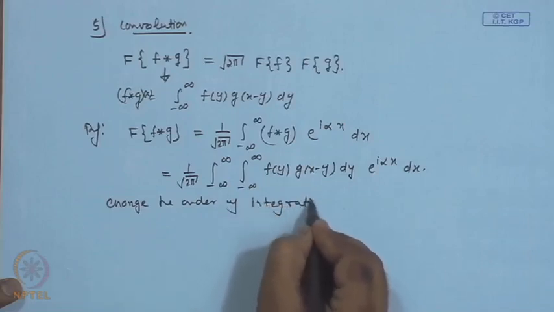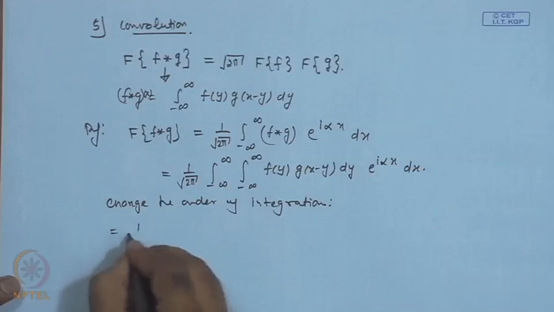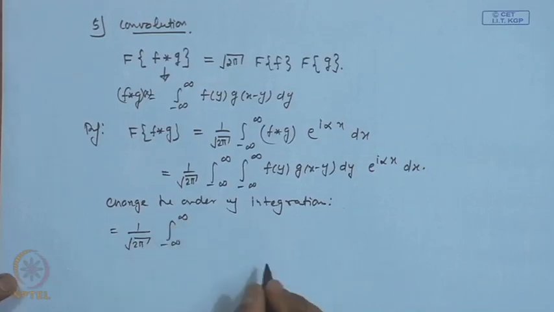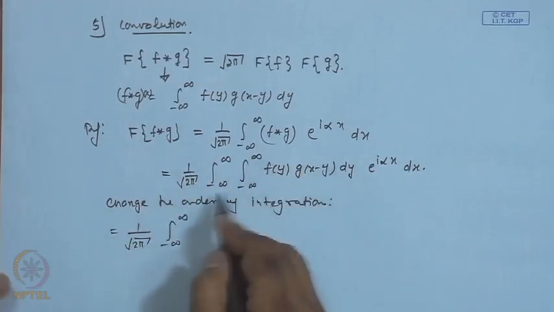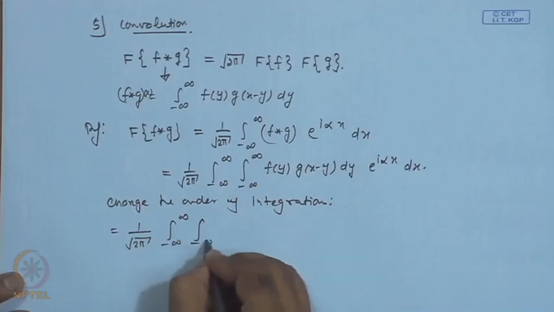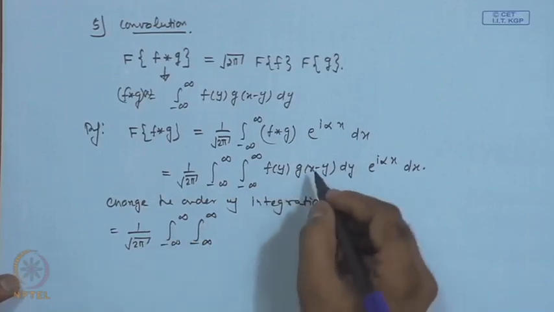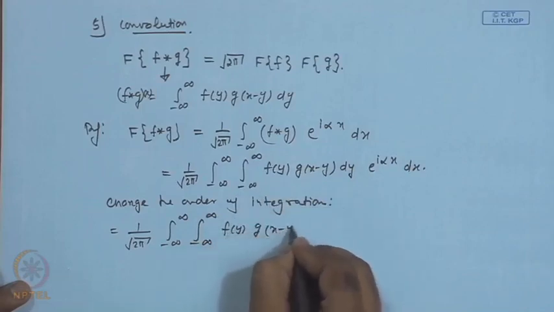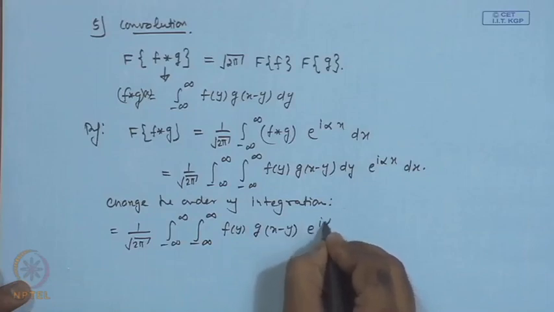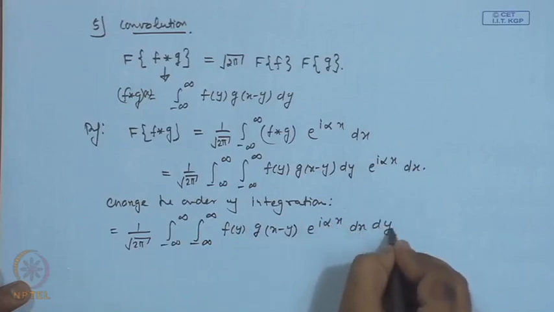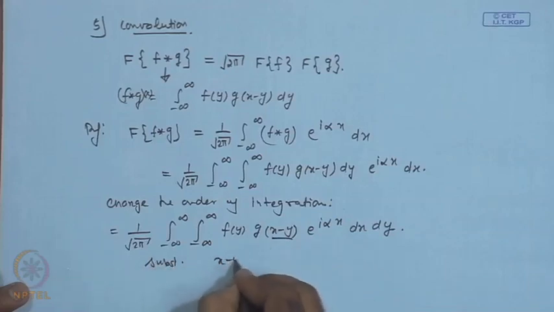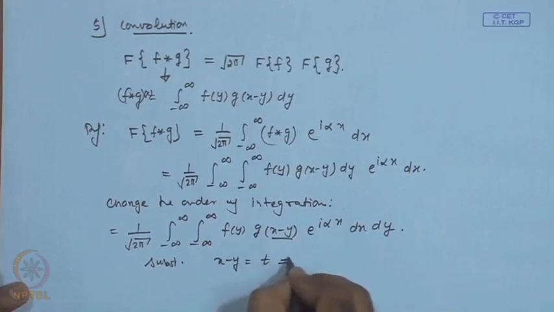Then we will get 1 over square root 2 pi, integral from minus infinity to plus infinity. We assume that it is possible to change this order of integration without going into the detail, and we have f(y) g(x minus y) e^{iαx} dx dy, and we now substitute this x minus y with a new variable t, such that dx becomes dt.